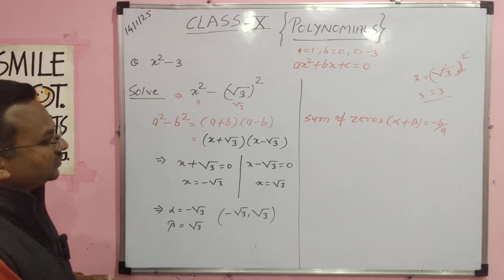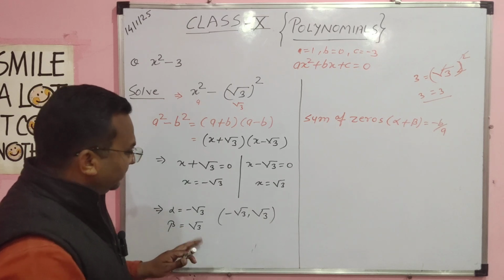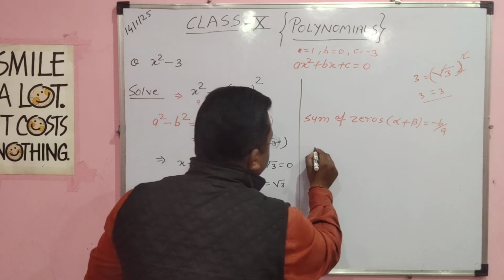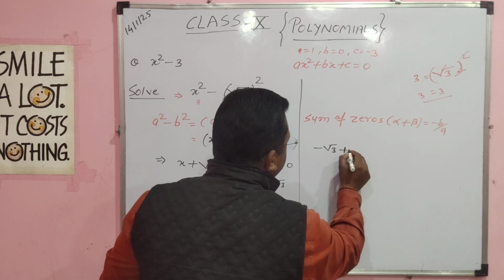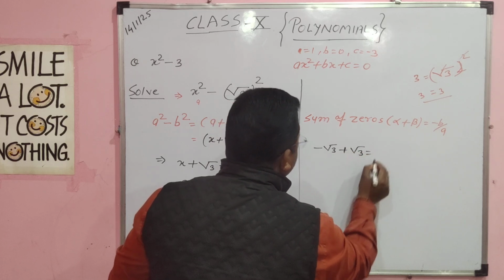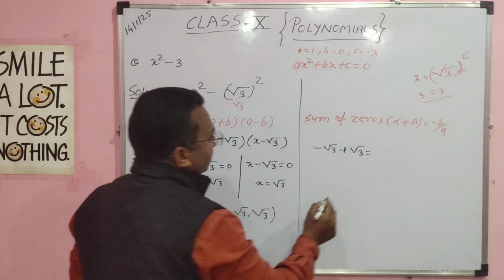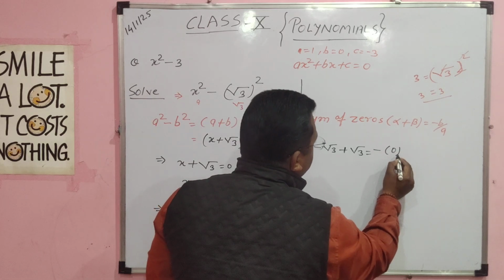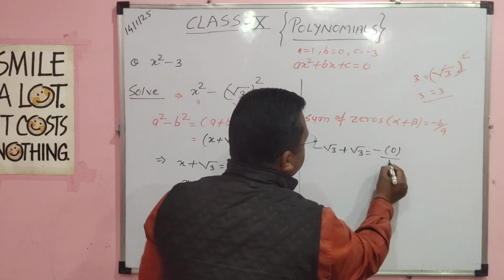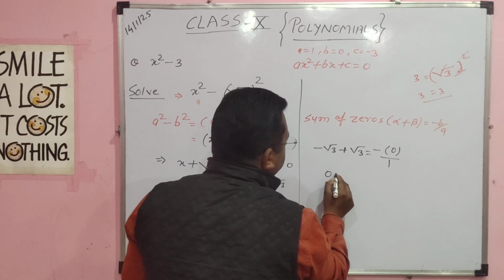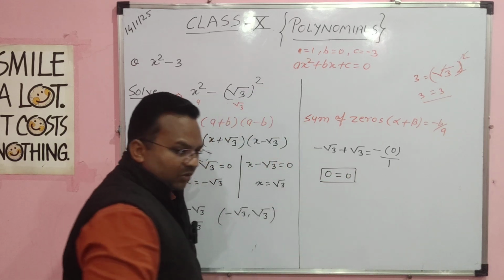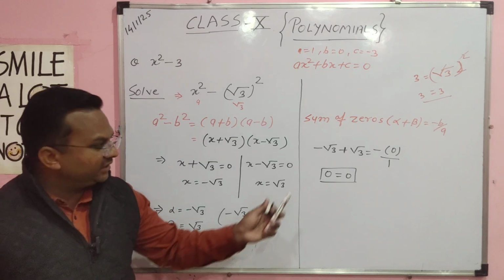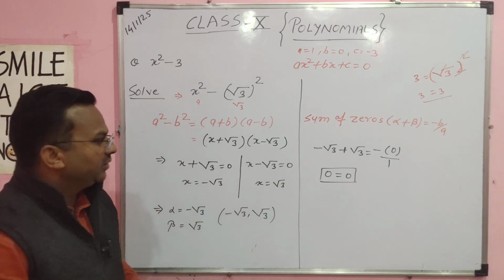Yes or no? Okay, so sum of zeros means minus root 3 plus root 3, and b is 0 and a is 1, so 0 equals 0. Okay, so the sum of zeros, left hand side and right hand side, are equal.